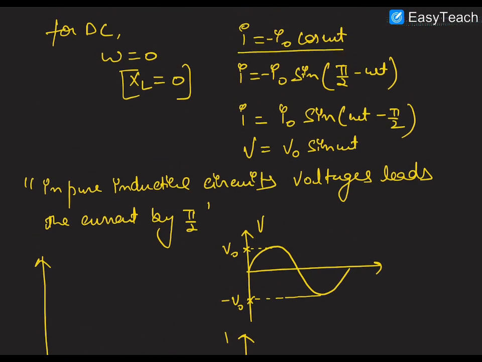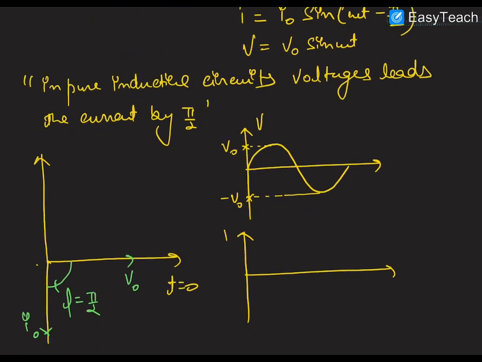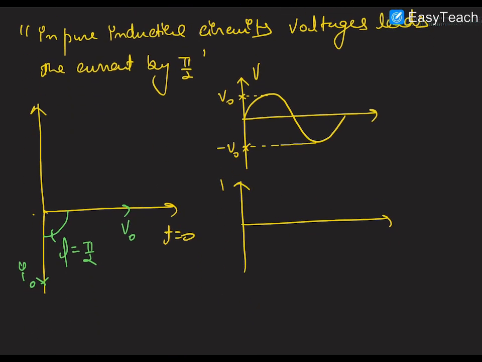So it will be a cos curve. This will start from minus I naught and this is plus I naught. So it will go like this. Okay, so this is the graph of pure inductive circuits.